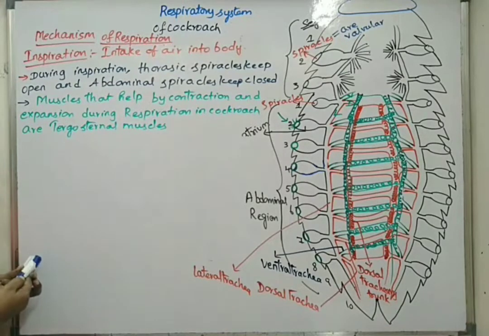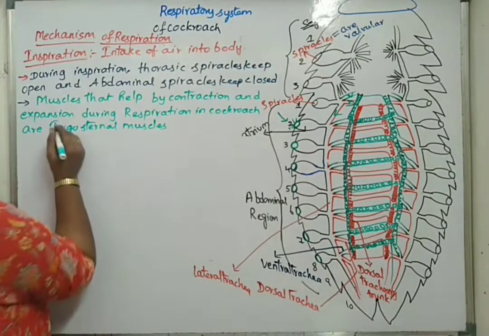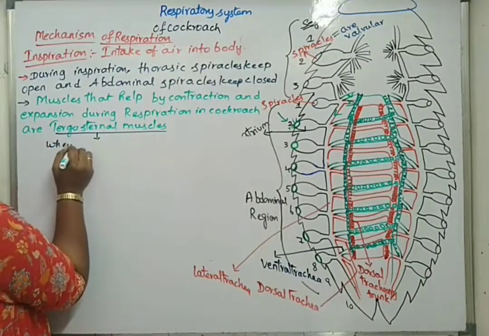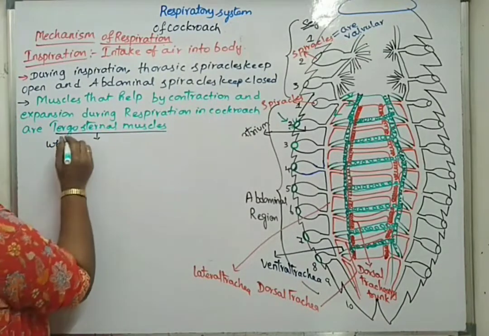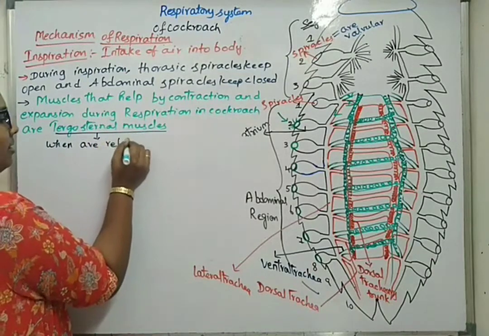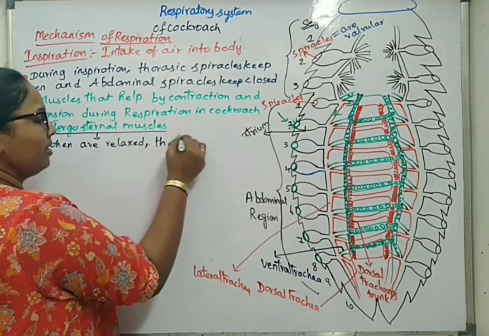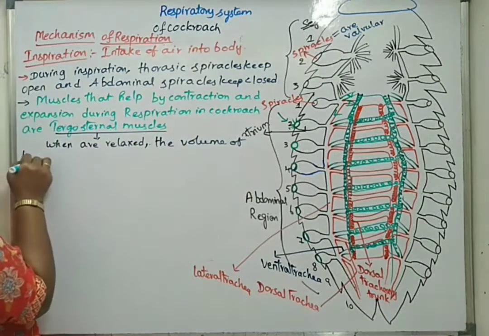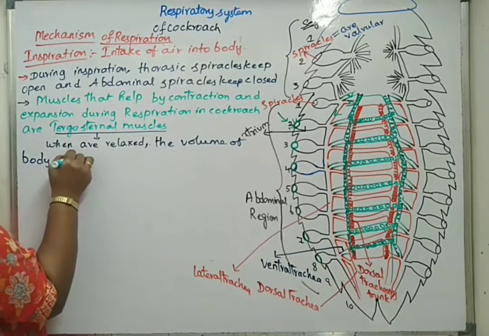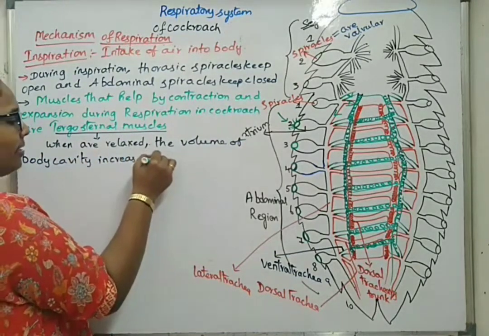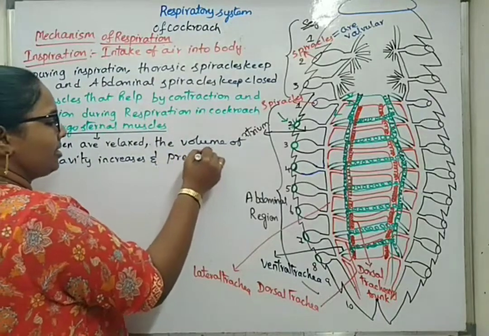When these tergosternal muscles relax, the volume of body cavity increases and pressure decreases.